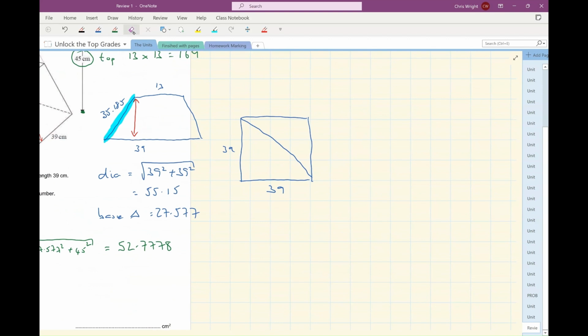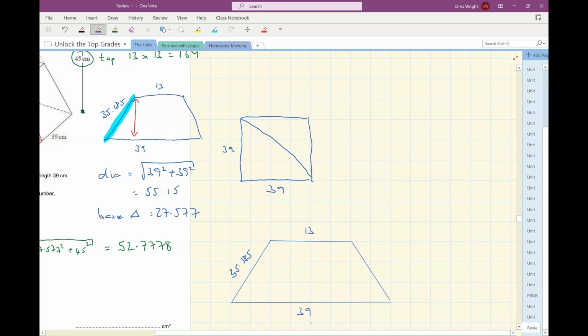So now I can find the height of the trapezium. Let's draw out the trapezium a little more carefully and have a look at that. So here's my trapezium. Okay. Now, the diagonal length here is 35.185. This length is 13. This length is 39.